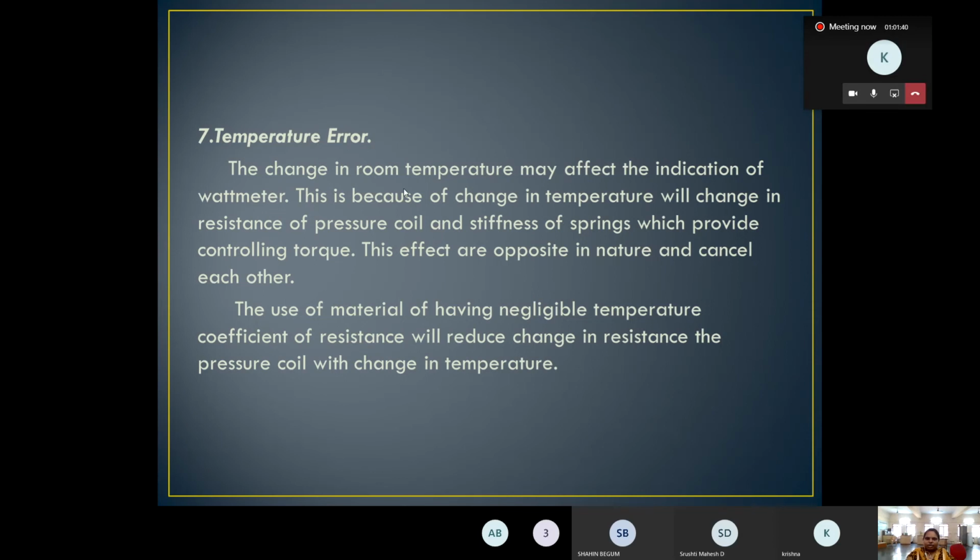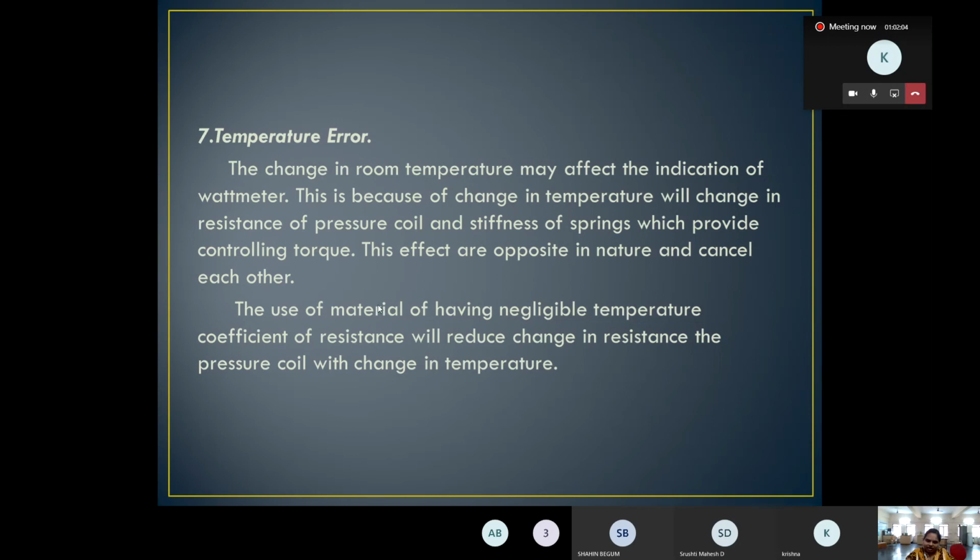That's very important. Due to the temperature change, the resistance of the pressure coil will change, and also the stiffness of the spring, which provides the controlling torque, is going to change. These effects are opposite in nature and cancel each other. This will be cancelled by itself.